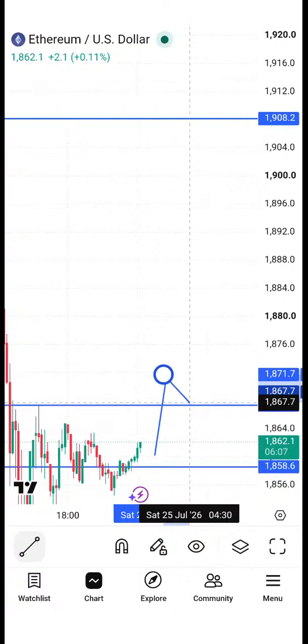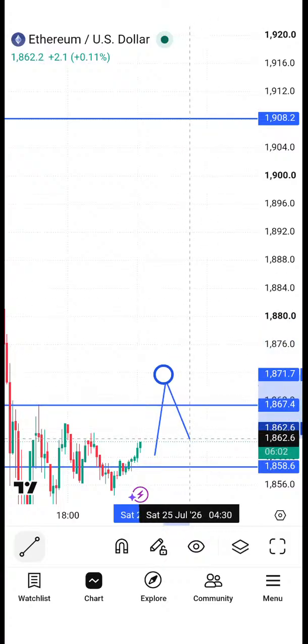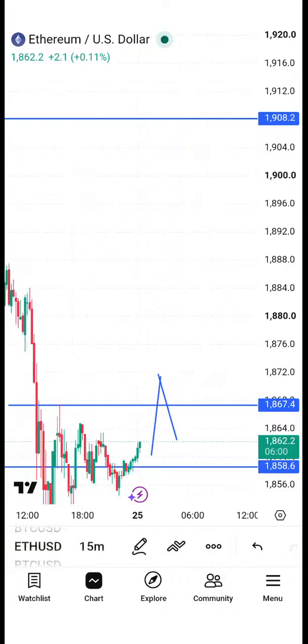It's either it retests here, then goes up, or retests somewhere around here, then goes up.